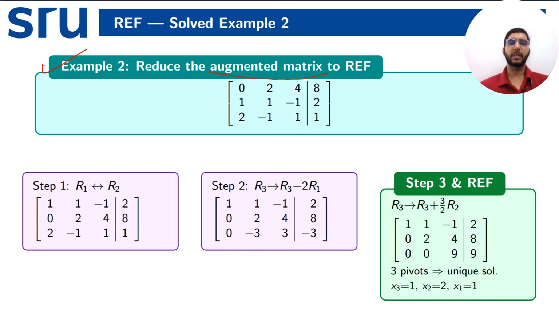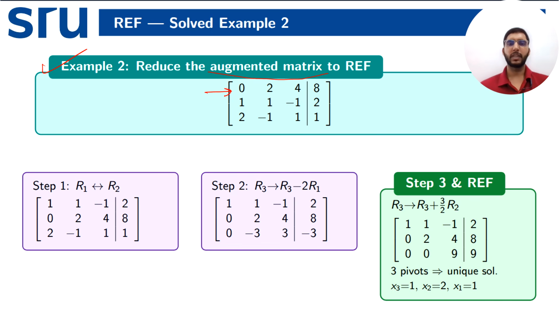The steps will be the same. First, go to row 1 and choose the first non-zero entry. But here you can see that the first entry is zero.